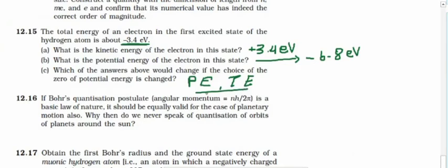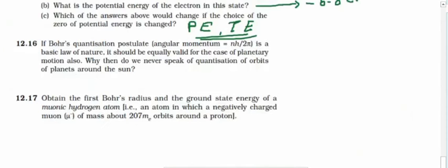But kinetic energy is independent of such a reference point, it depends on mass and velocity only. So wherever you consider the zero potential, there is no change in kinetic energy, but potential energy and total energy will change.